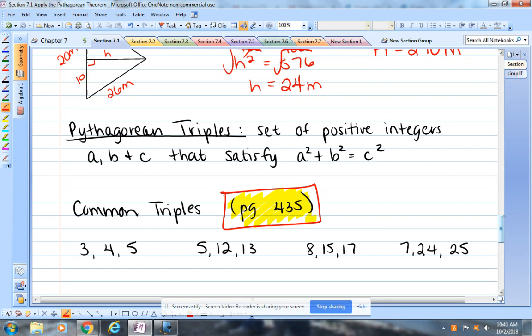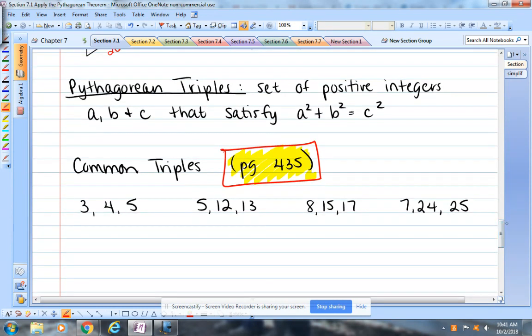And they're named by the numbers. So 3, 4, 5 triangles. You usually see those together. If you have a 4 and a 3 for the two legs, 5 is going to be the hypotenuse. And also, their multiples are also that triple. So if I double everything, you could also have a 6, 8, 10 triangle.